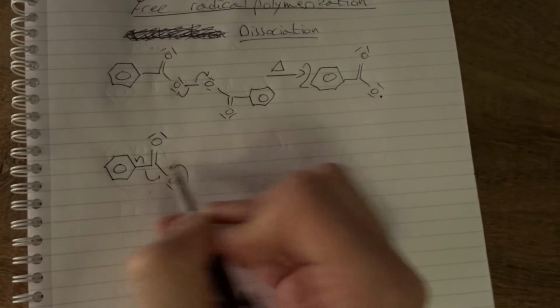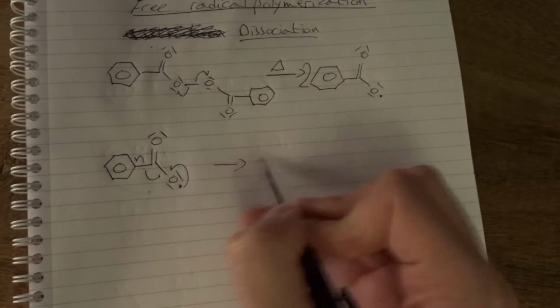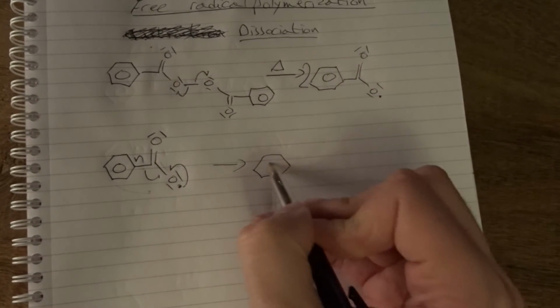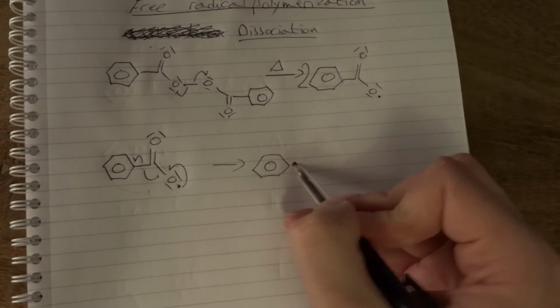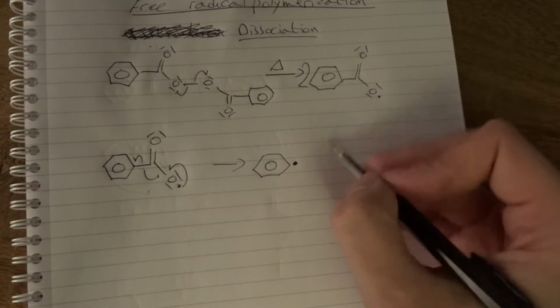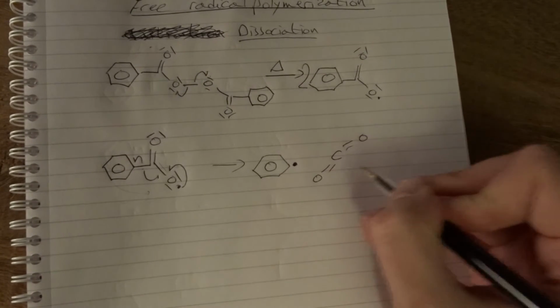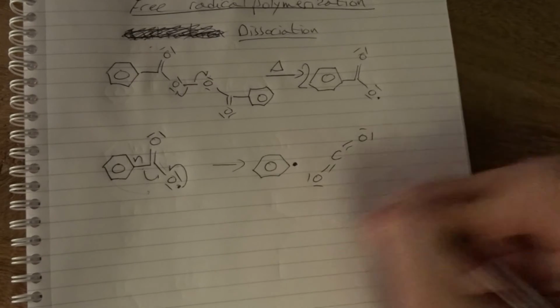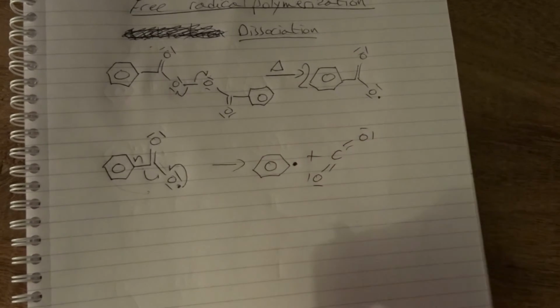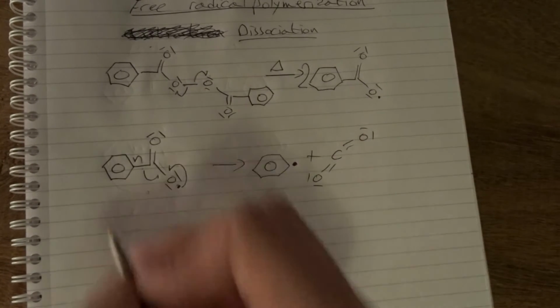This electron will go there, so here a new bond is formed. We get at the end a stable radical, stabilized by the structure, and the decarboxylation yields some CO2. So this is our species that we'll use in the initiation step.